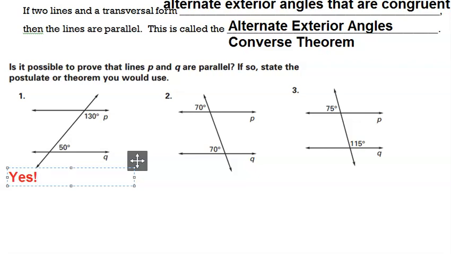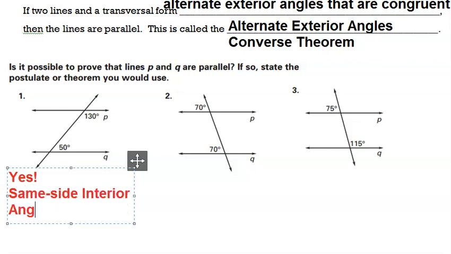P and Q are parallel. We have proof. The same side interior angles are supplementary. So the postulate or theorem we would use would be the same side interior angles converse theorem. Okay, it's a lot of writing, but you got this.